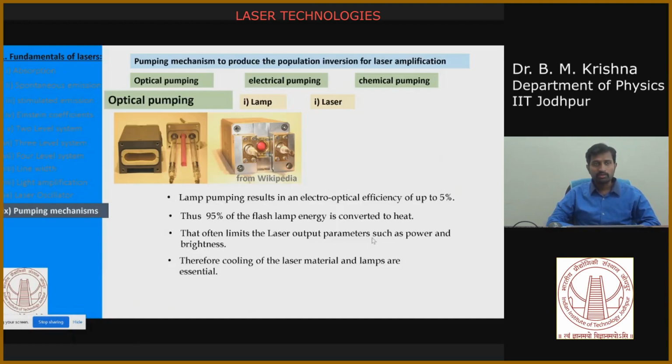It also requires very efficient cooling mechanisms to protect your laser system. Otherwise your crystal will melt because of the large heat dissipation, it will damage the crystal, and eventually your laser system will be spoiled. So you have to maintain proper cooling so that the energy loss is minimized.